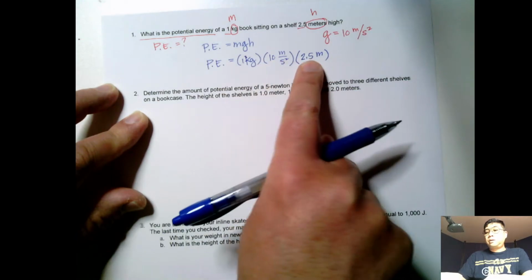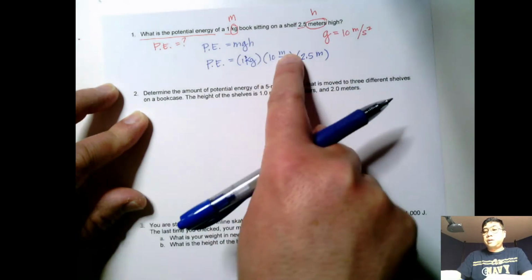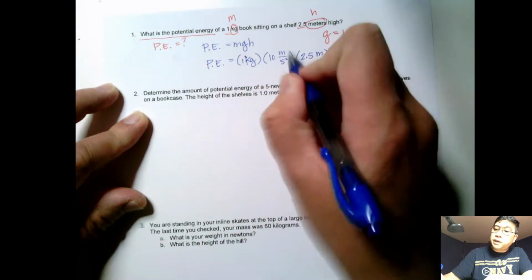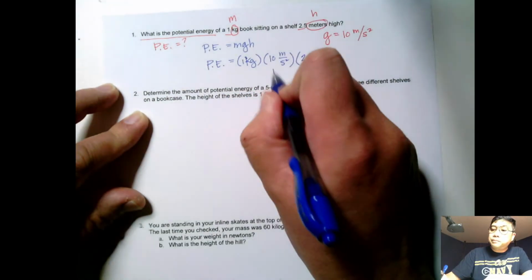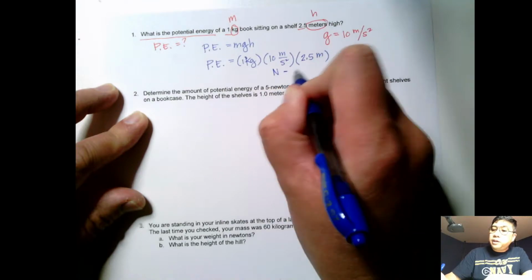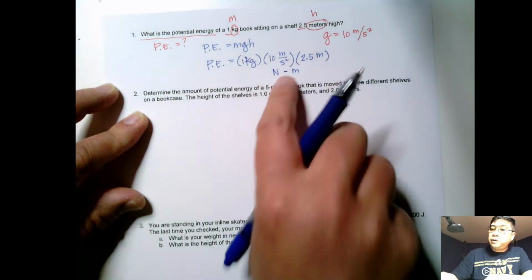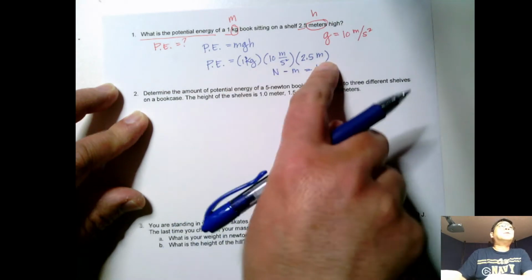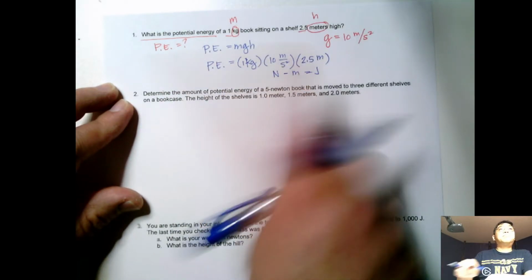Kilogram meter per second squared is basically newtons, so when you multiply 1 and 10 we get newtons. And then you multiply it again by meters, so newton meter is basically equivalent to joules. So our steps are basically correct.